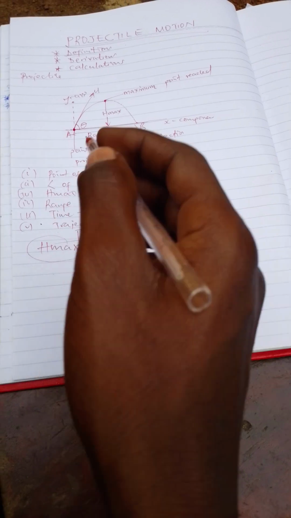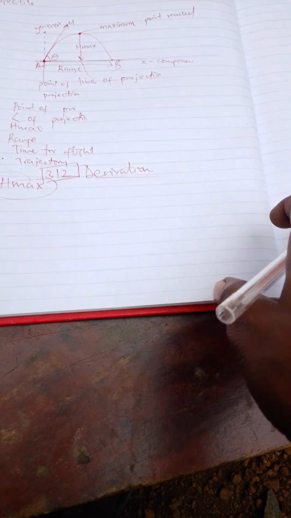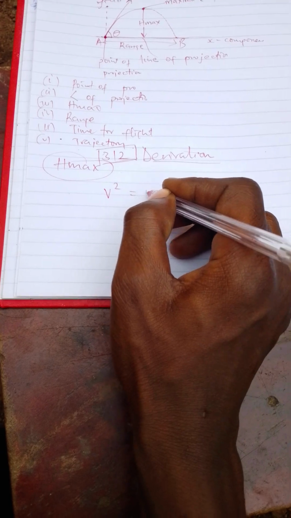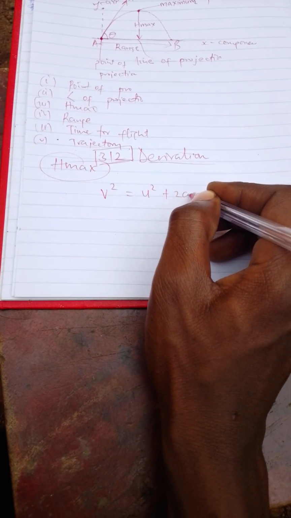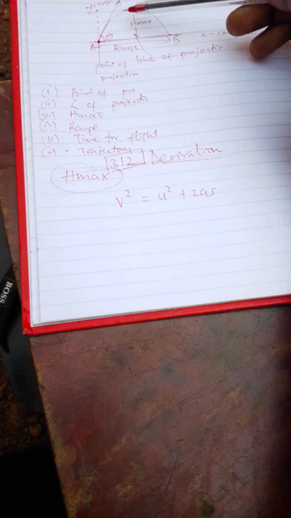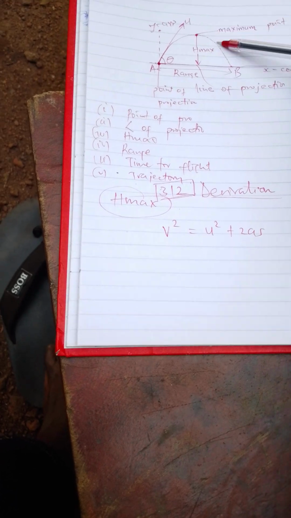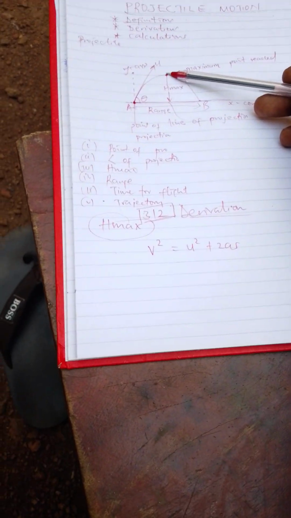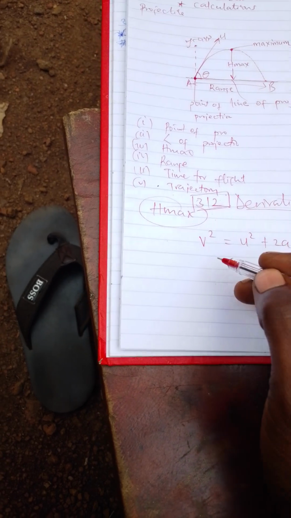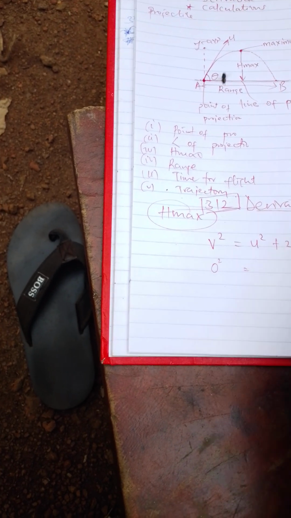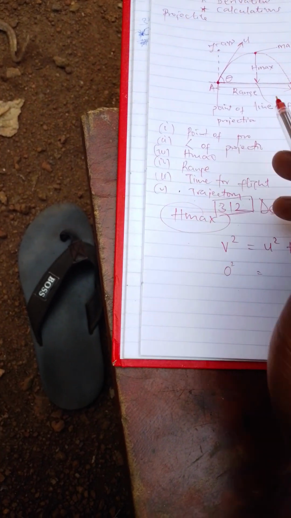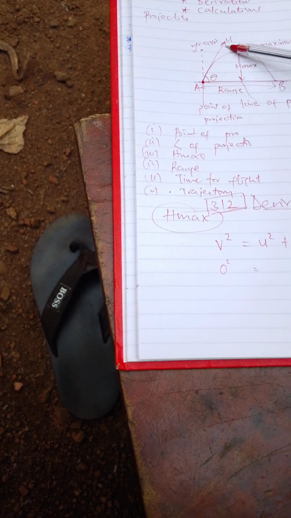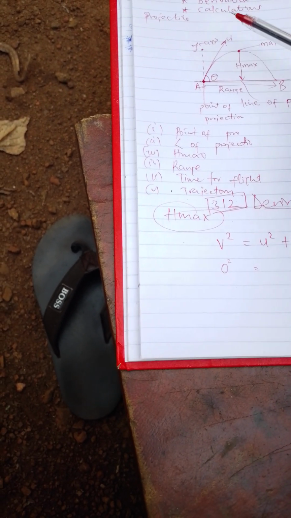For me to derive maximum height, members, we follow the third equation of linear motion. V squared is equal to u squared plus 2as. Because I want to consider maximum height, at this maximum point the final velocity is 0. Hence, I'm going to have 0 squared is equals to the initial velocity. Since I am taking the maximum height, which is vertical, I'm going to bring this velocity to the vertical.